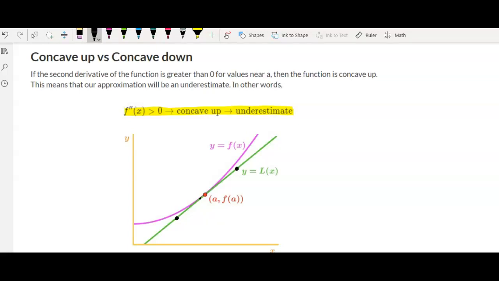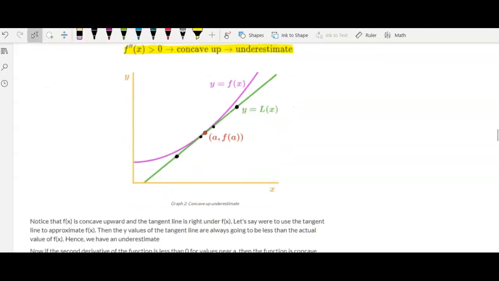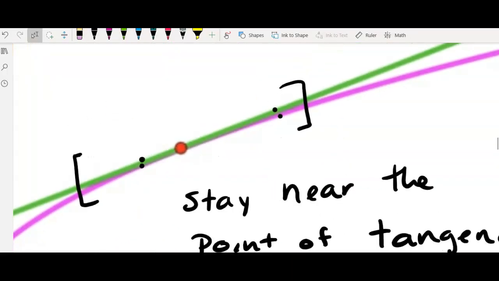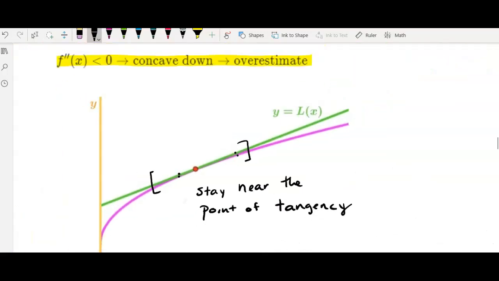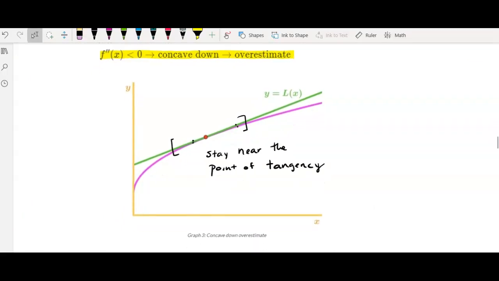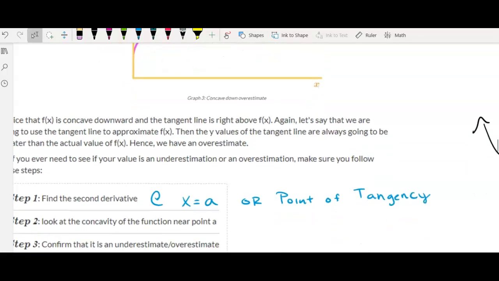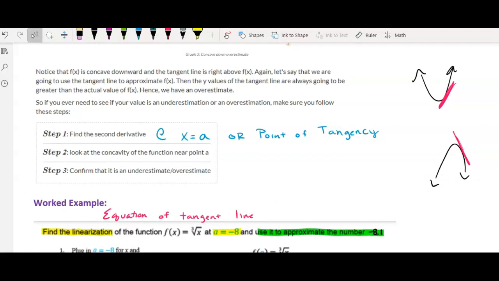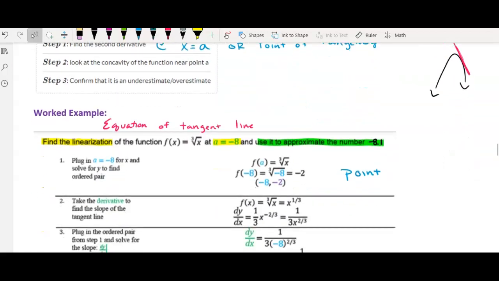So even as we get closer and closer to a, these are still going to be underestimates, like the green line is less than the purple line. If it's concave down, then our estimates are going to be an overestimate. The tangent line is going over the function, so it's going to be an overestimate. Remember, stay near the point of tangency. If we need to know concavity, we look at the second derivative.